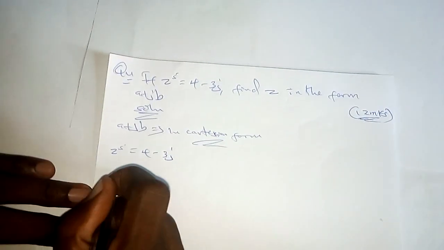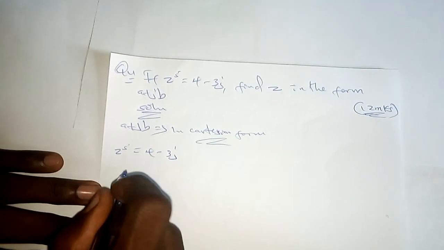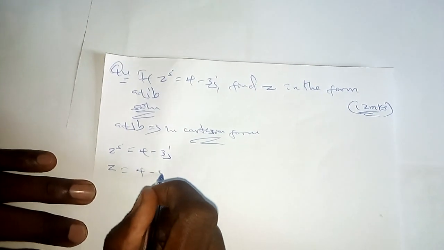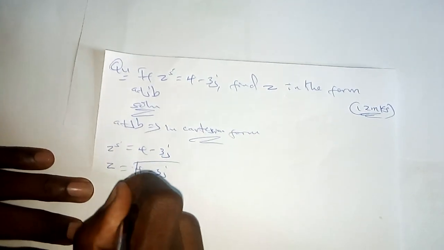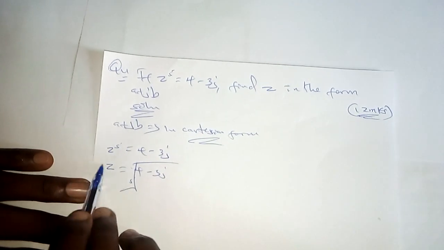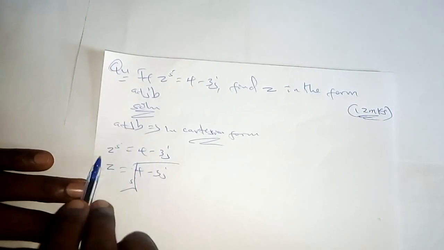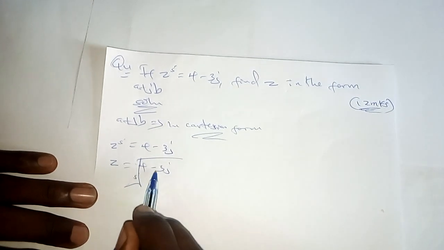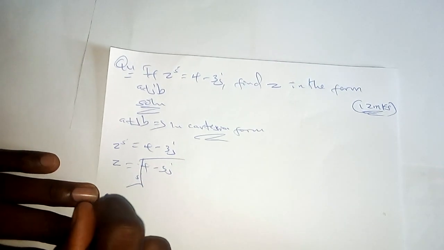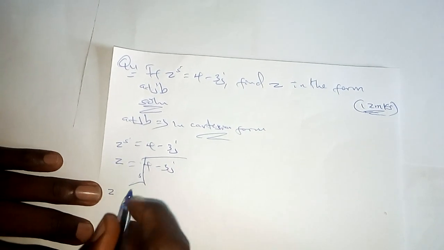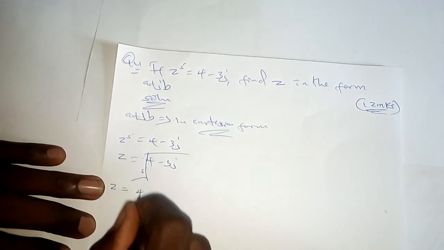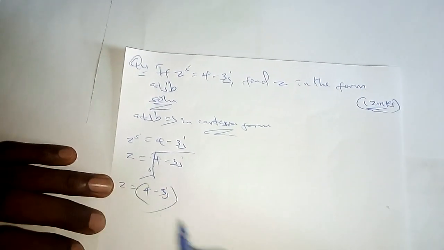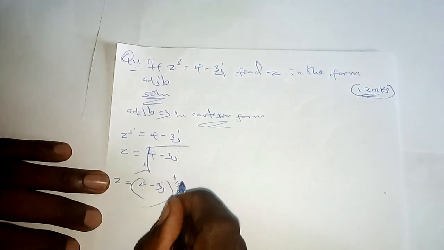When you want to make z the subject of the formula, it will be z is equal to the fifth root of 4 minus 3j, as if you find the fifth root on both sides. This can be rewritten as 4 minus 3j raised to a fifth.